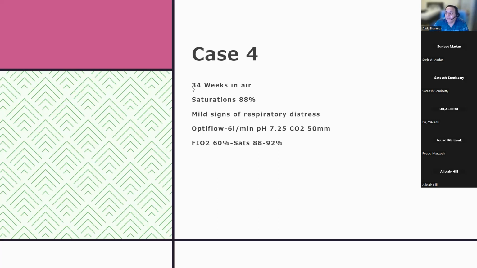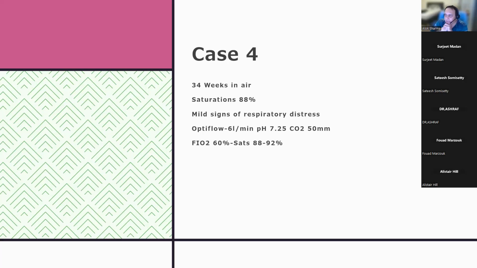You have a 34-weeker. This baby was delivered without any need for resuscitation by elective cesarean. The baby is an infant of a diabetic mother, and the mother has had very poorly controlled diabetes. The baby had grunting at birth and was managed with a little bit of PEEP up to about 30 minutes of age.